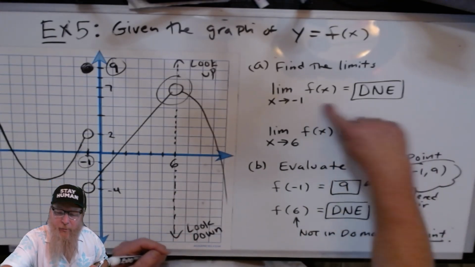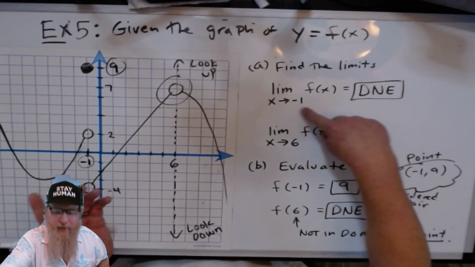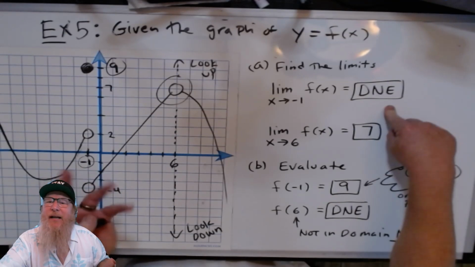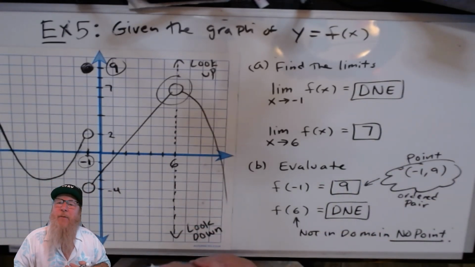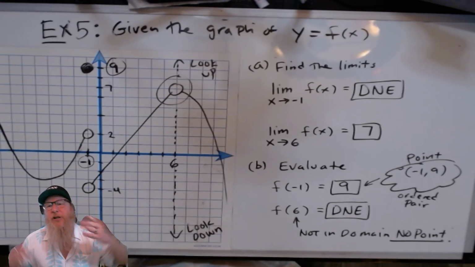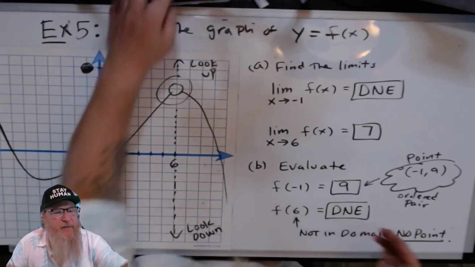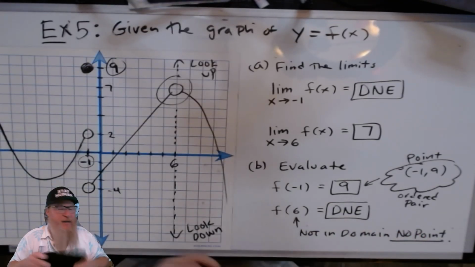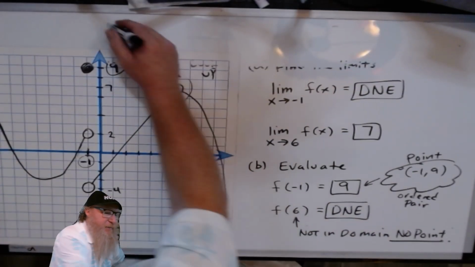But we would really like this to happen less, the limit to not exist. We'd like to sort of reduce the likelihood of that happening. And the way we do that is by changing our point of view. And so this is a perfect way to transition into the next topic, which is a one-sided limit.